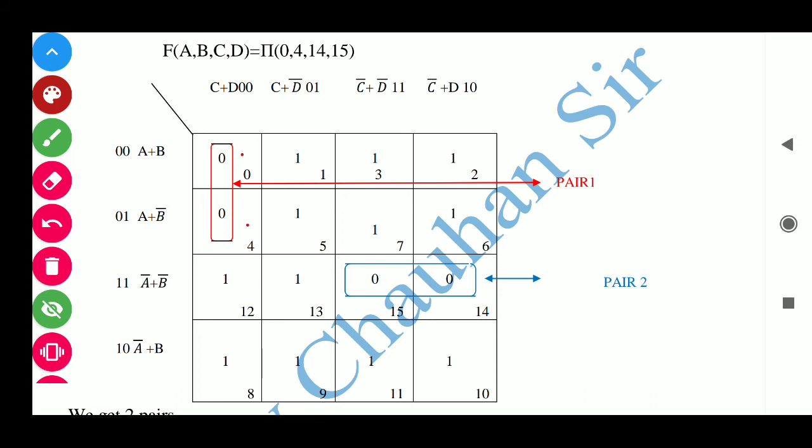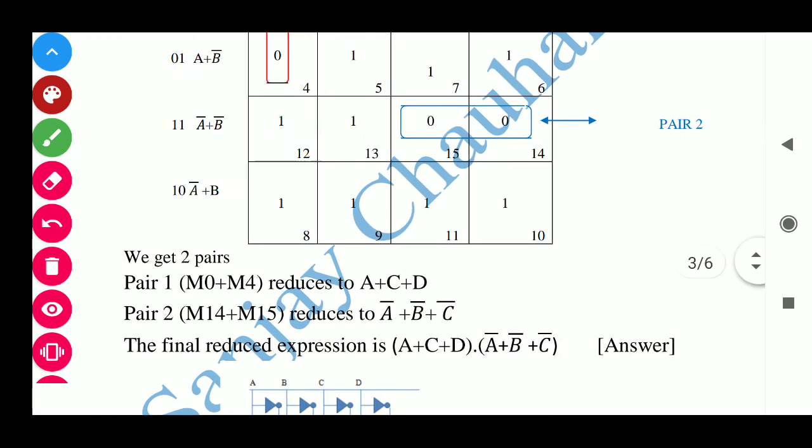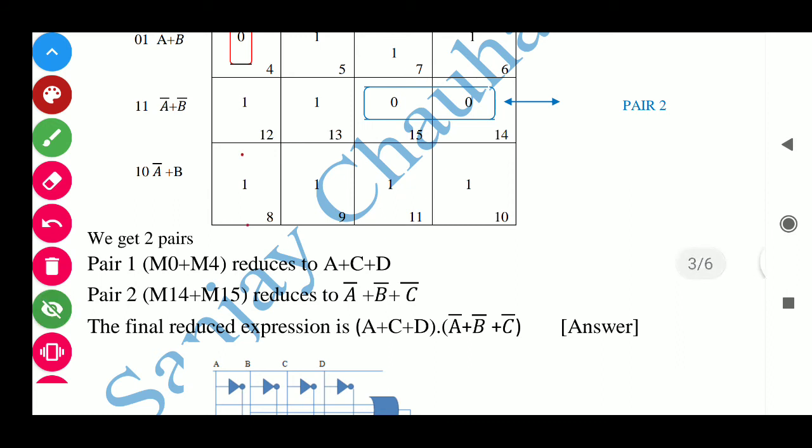So we will write here M0 plus M4 reduced to A plus C plus D, and pair 2, M14 plus M15, reduced to A naught plus B naught plus C naught. The final reduced expression you have to write in this way, and you have to draw the logic diagram for it.